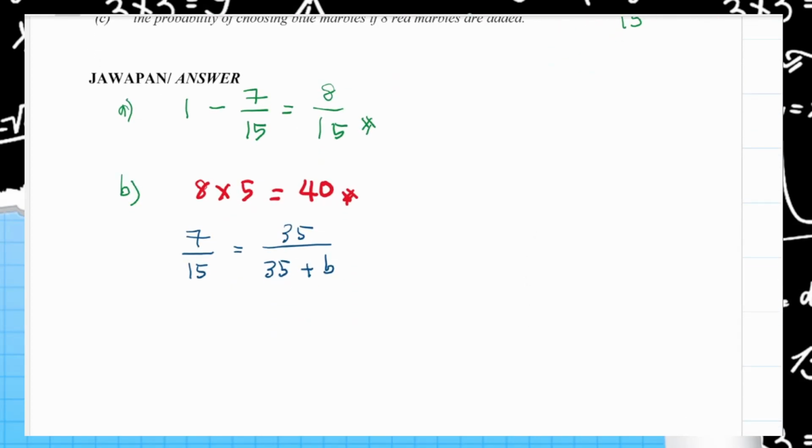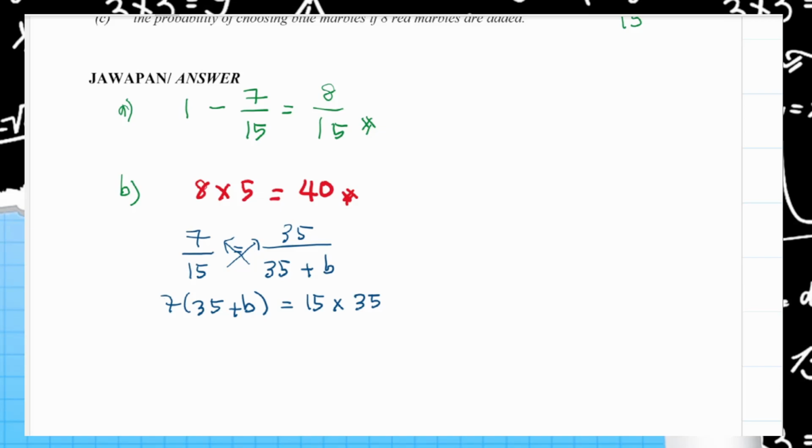So you can do a cross multiplication here. So 7 times 35 plus B equal to 15 times 35. Then 7 times 35 plus 7B.